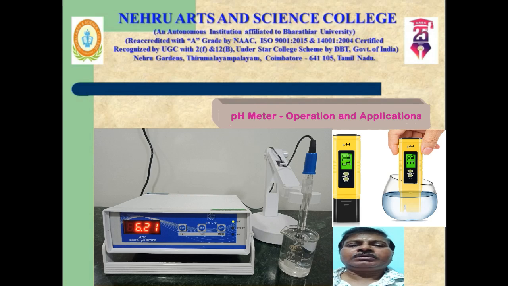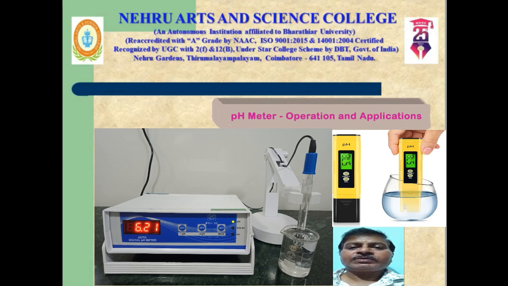So by definition, what is pH? pH is nothing but negative logarithm of H plus ion concentration, that is, the molar concentration of hydrogen ion expressed in logarithmic value. So this is called pH: negative log H plus ion concentration.